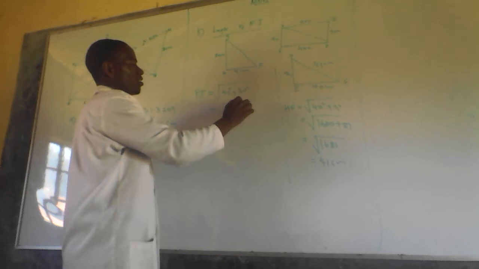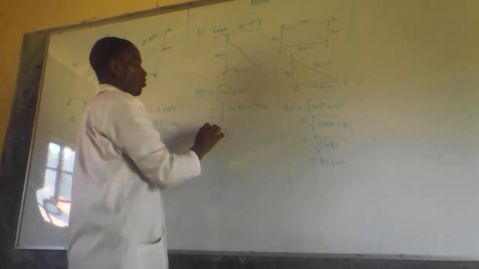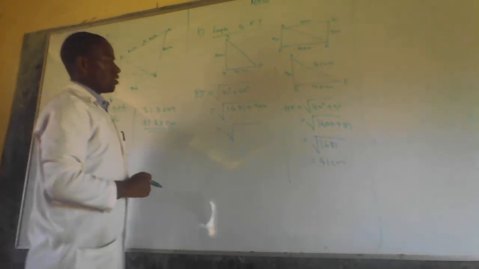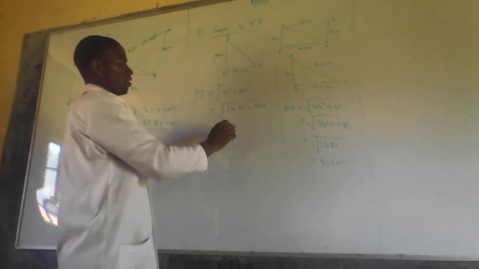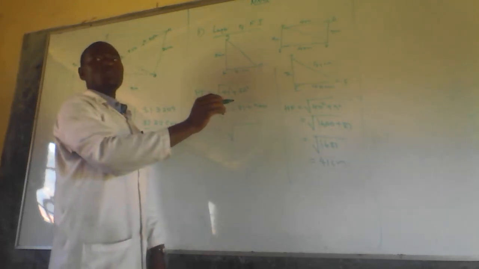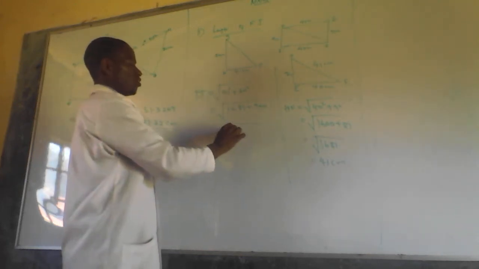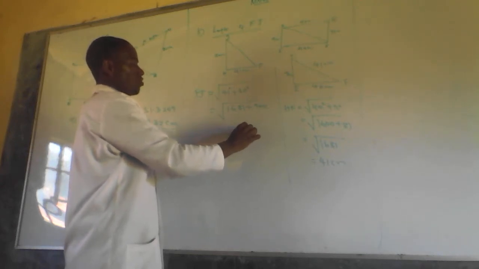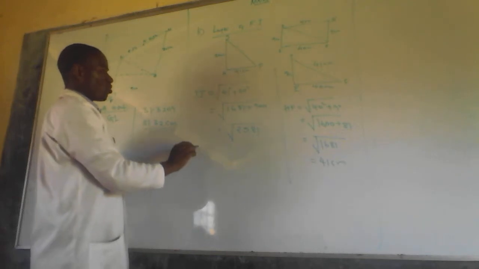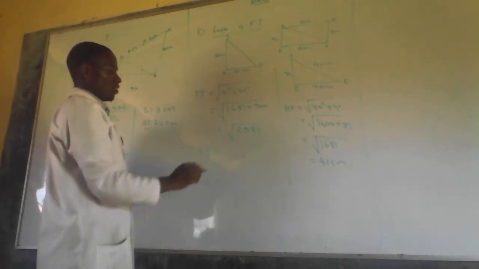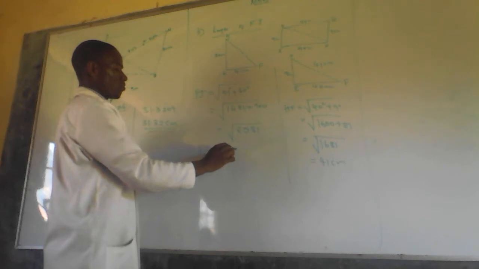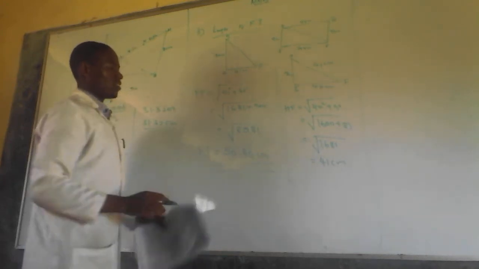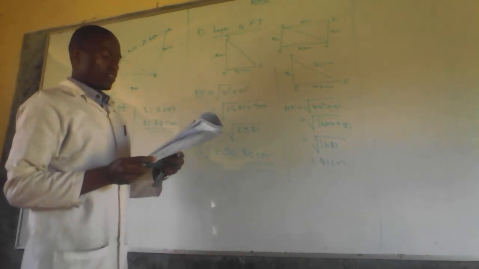Plus 30 squared, which is 900. If you add the two, it gives 2,581. Now, get the square root of that. It gives you 50.80, written to four significant figures. So we have answered our question.